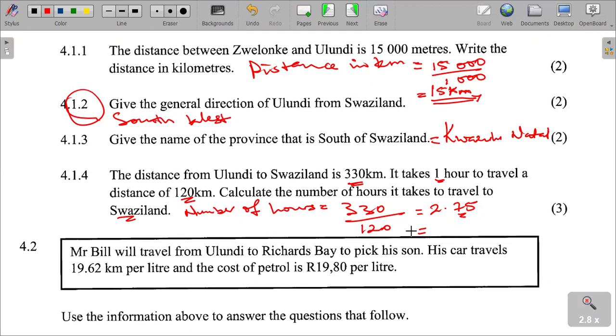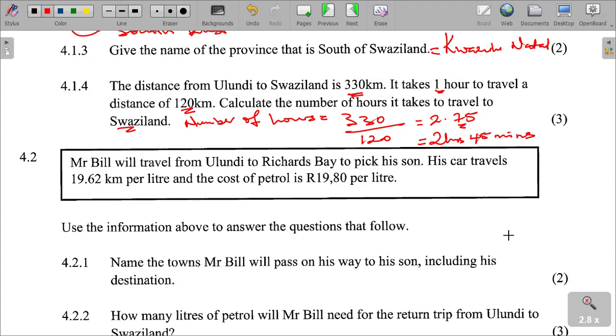As you do that, you get your 2 hours 45 minutes there. You understand?